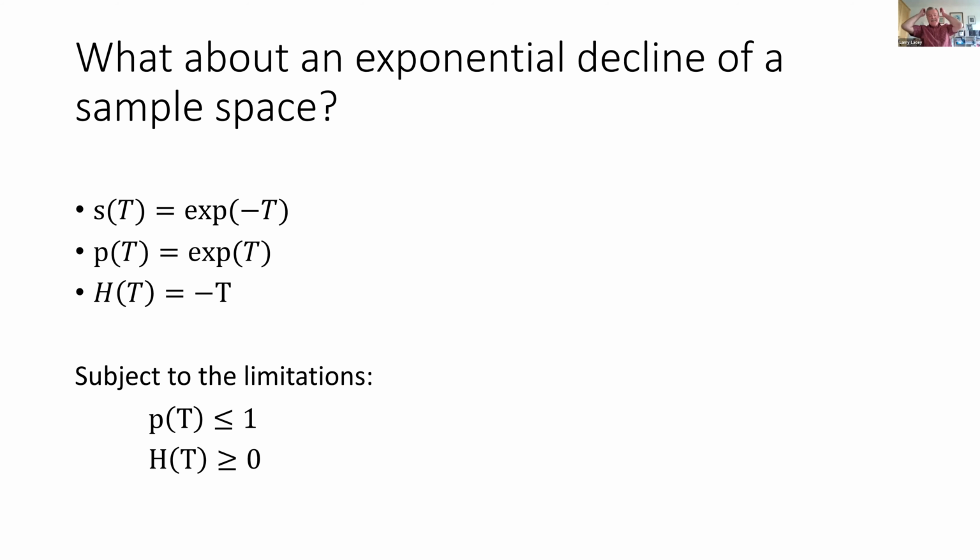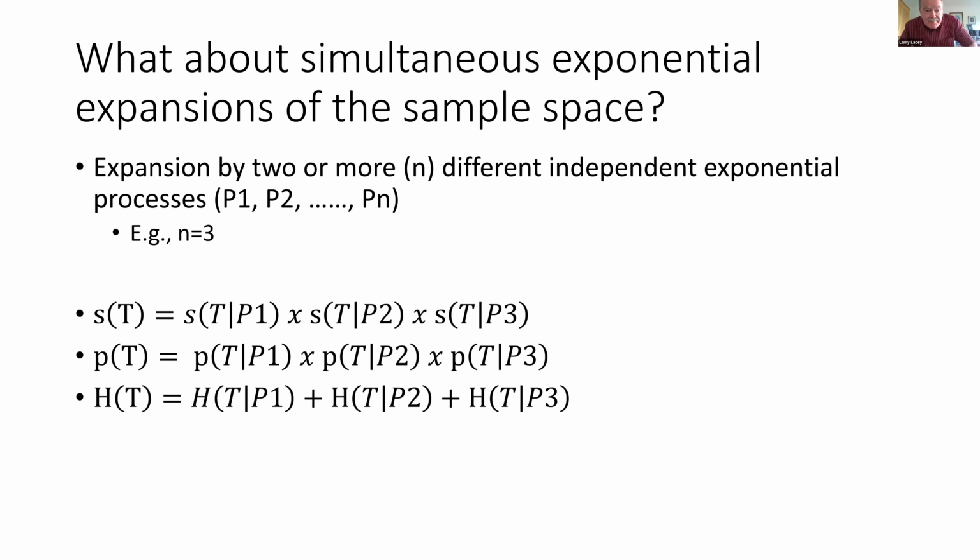Now, this is where it gets more interesting. Let's say we have not just a single process, but a series of processes. And let's assume they're simultaneous processes. It could be any number of processes, but let's assume it's 3 processes. Process 1, process 2, process 3. They're simultaneous independent processes. The key word here is independent.